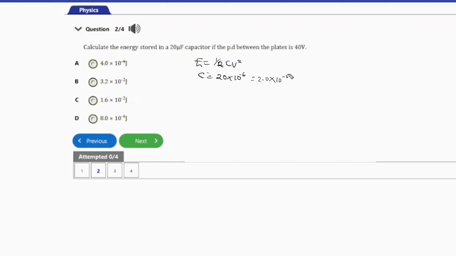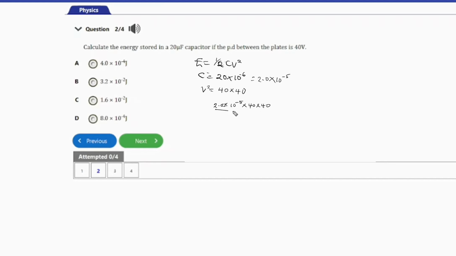And then the voltage here is 40 volts, so we are going to square it. That's 40 times 40. So half CV squared is 2.0 times 10 to the power of negative 5 times 40 times 40, then all over 2.